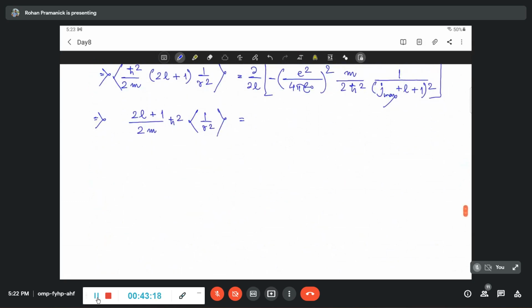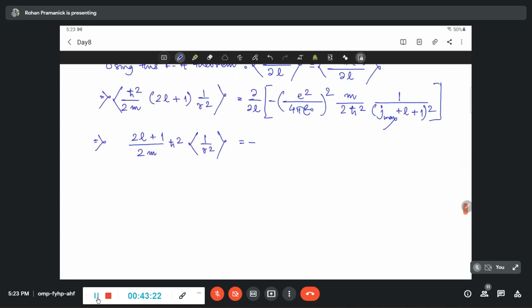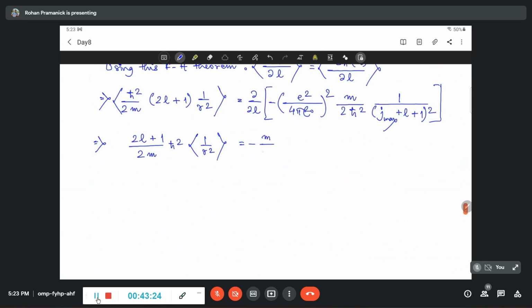There is a minus quantity, minus m over 2h cut squared, e squared by 4 pi epsilon 0 whole squared.